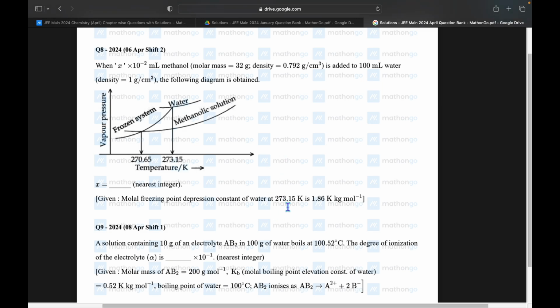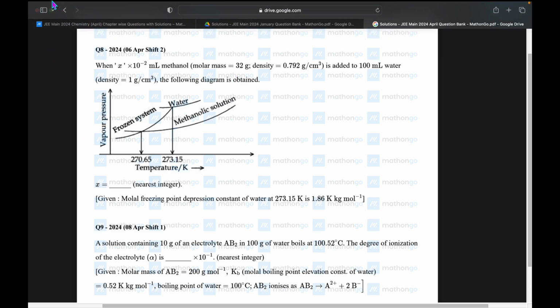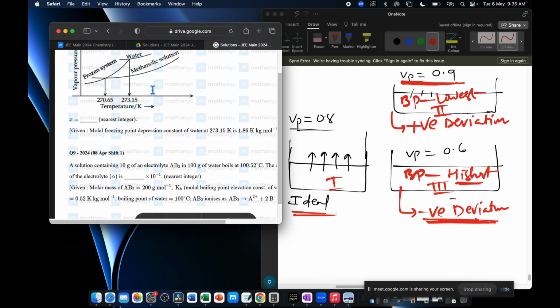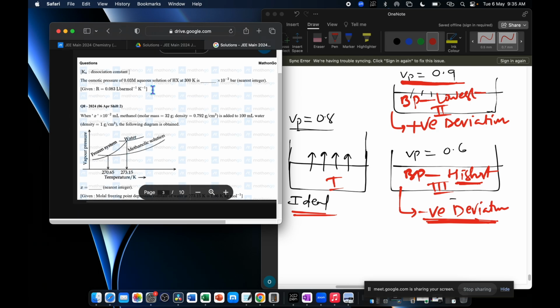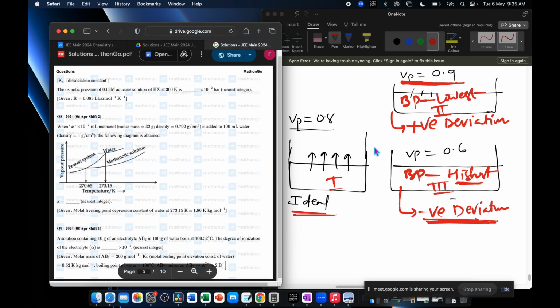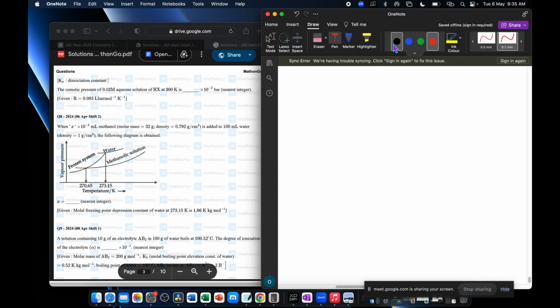Okay, look here. Through this graph, what did he give? The depression in the freezing point, he gave, right? So what you have to do here, right, so we use the formula. What formula shall we use?